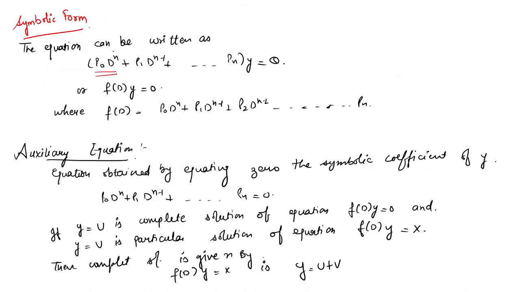P naught D raised to power n, P1 D raised to power n minus 1, up to Pn. So what is D raised to power n, D raised to power n minus 1, D raised to power n minus 2?